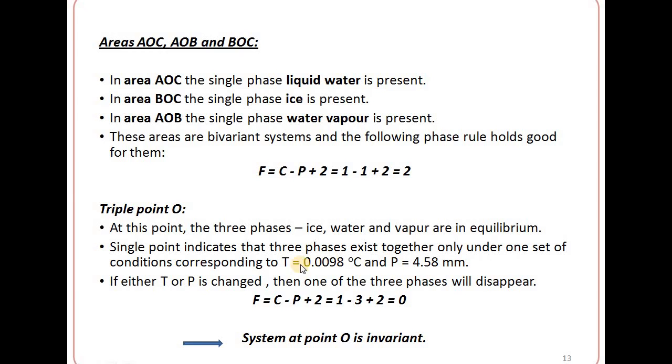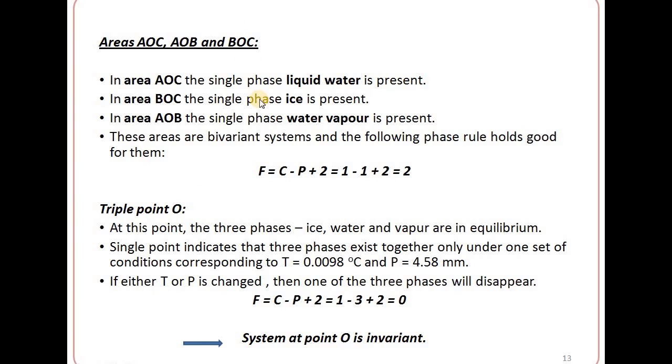So there is only a single condition at which all three phases can exist together. If we change either temperature or pressure even a little, one of the phases will disappear. So the system is non-variant at triple point O. We can't independently vary either temperature or pressure at triple point O.